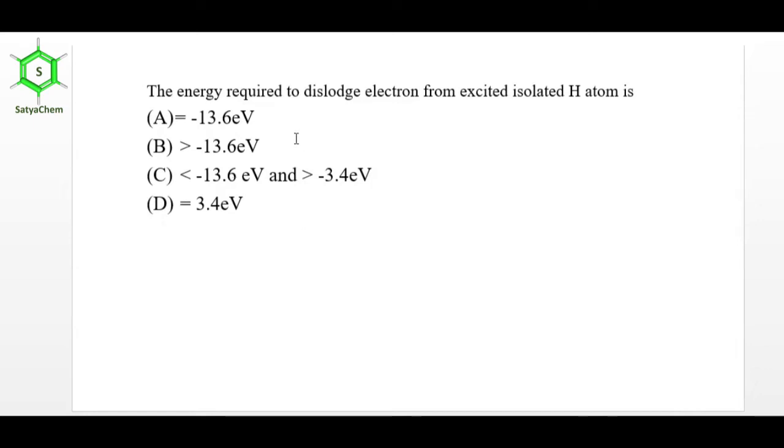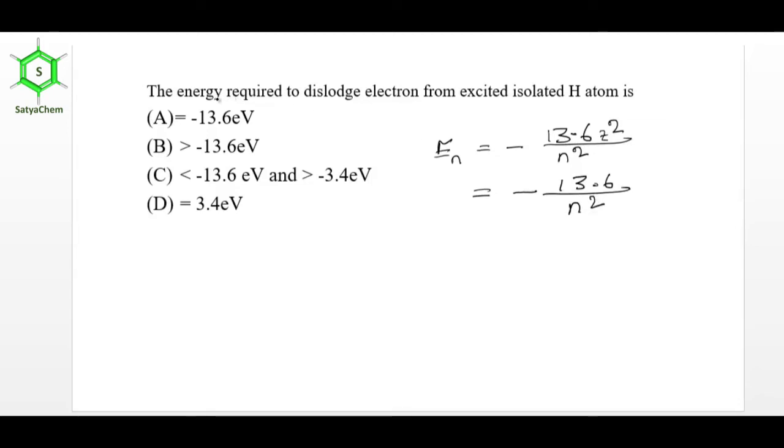Next question: the energy required to dislodge an electron from an excited isolated hydrogen atom is, there are 4 options. Which one is the correct one? We know the energy of the nth orbit in electron volt unit is minus 13.6 z square by n square. As z for hydrogen, that is the proton number of hydrogen, is 1, we can write it as minus 13.6 into 1 square, means 1, so minus 13.6 by n square.